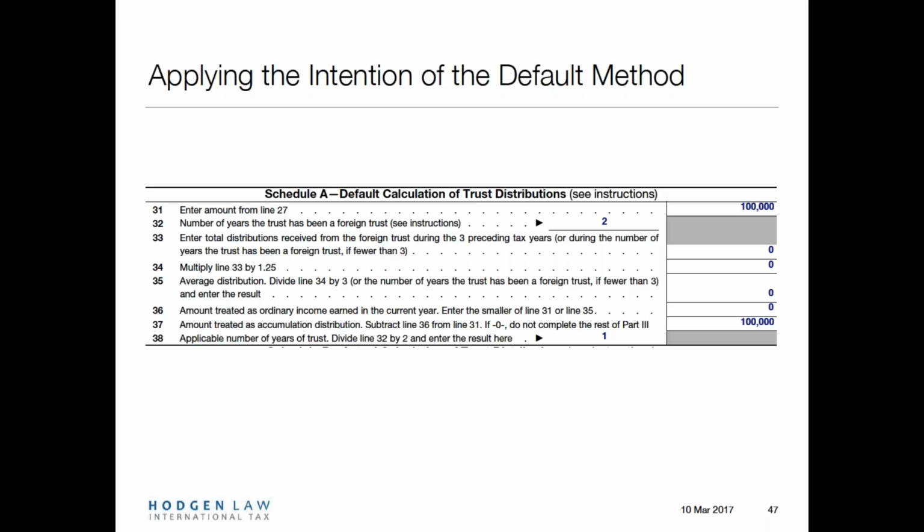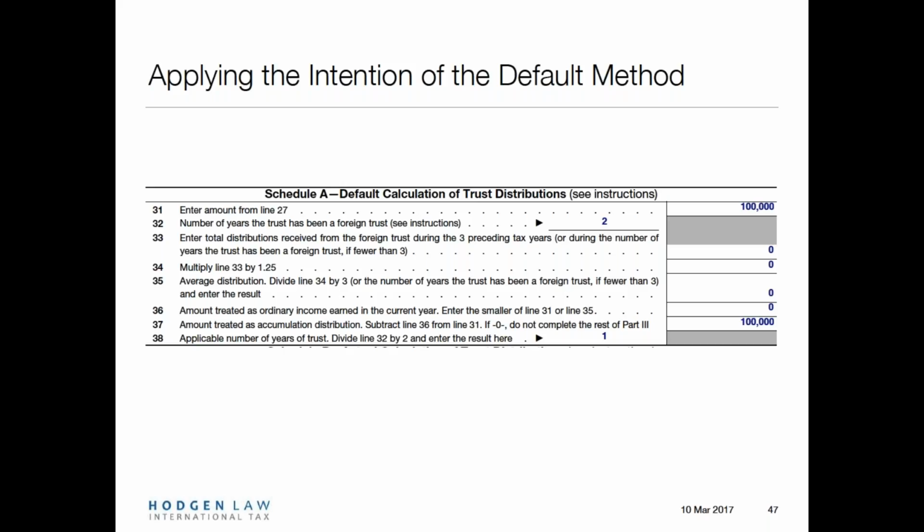That means you don't go into any calculation of allocating this distribution between ordinary income and accumulated distribution, which means the distribution in the first year must always be a corpus distribution. That is an anomaly, but it seems logical to me because in the first year it's not going to have a lot of chance to accumulate a lot of income anyway.